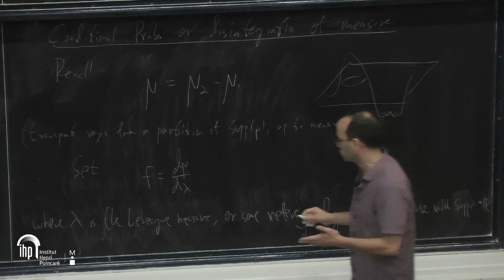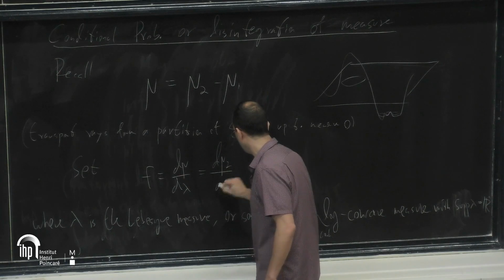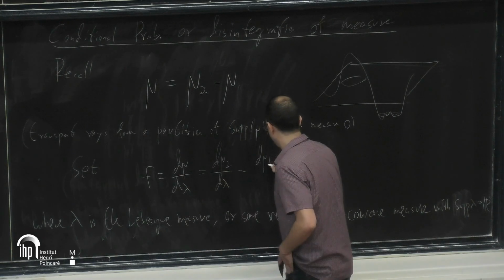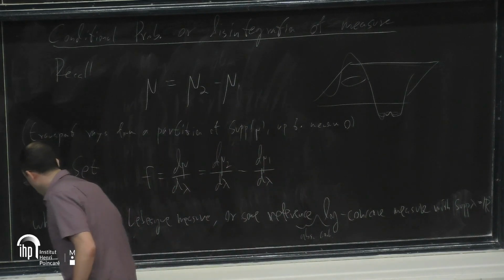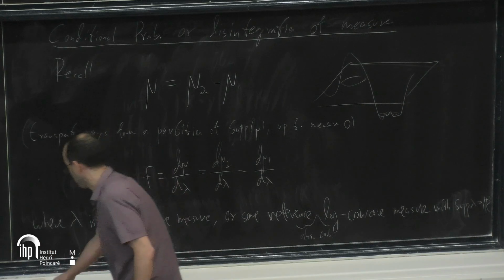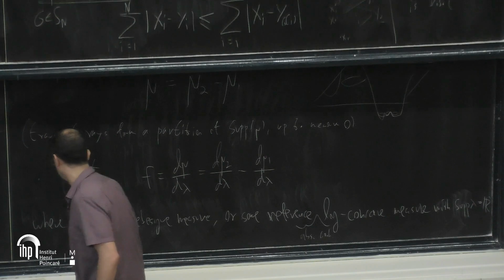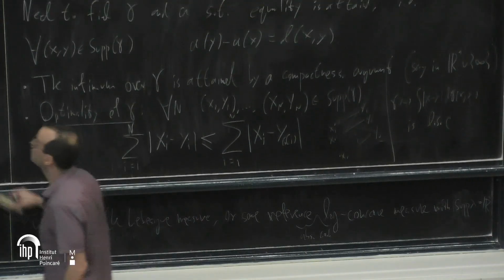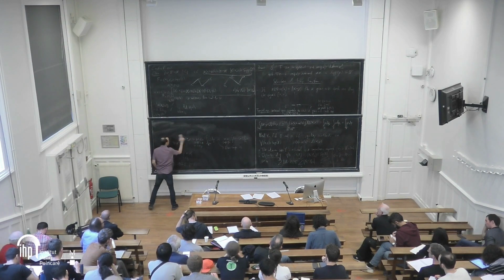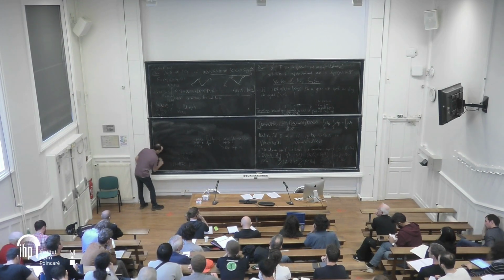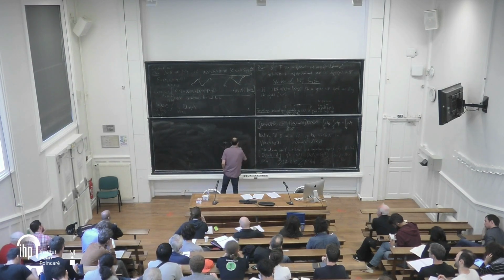So this is the function f. Let me just be sure: this is the density of mu2 minus the density of mu1. Now the assumption that mu1 and mu2 have the same total mass means that the integral of f is 0.